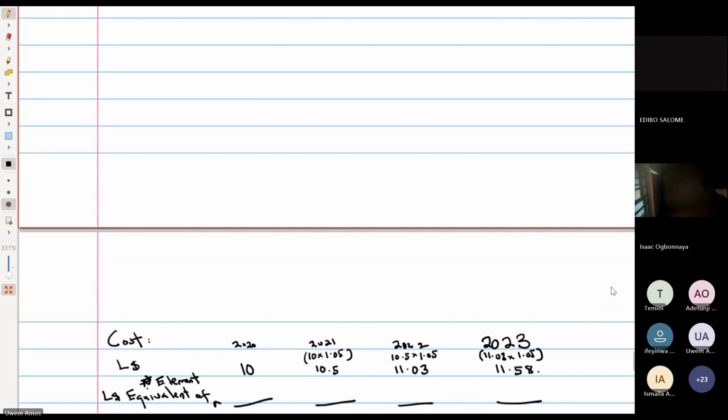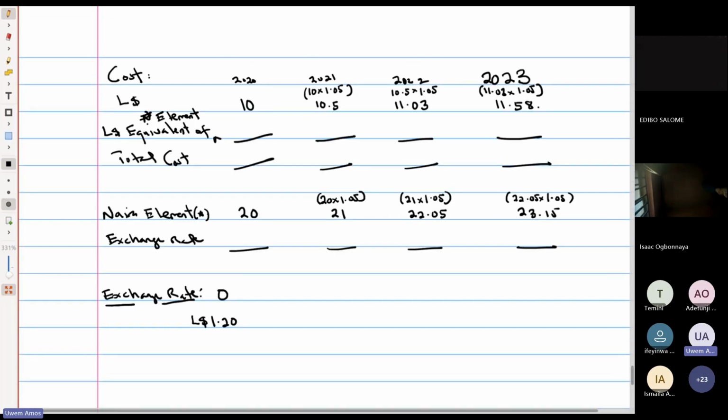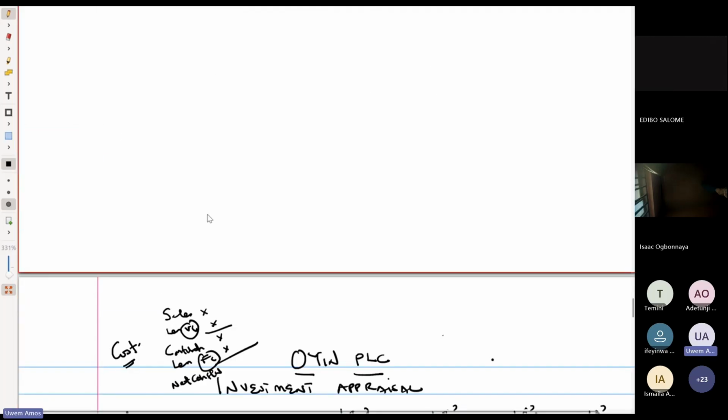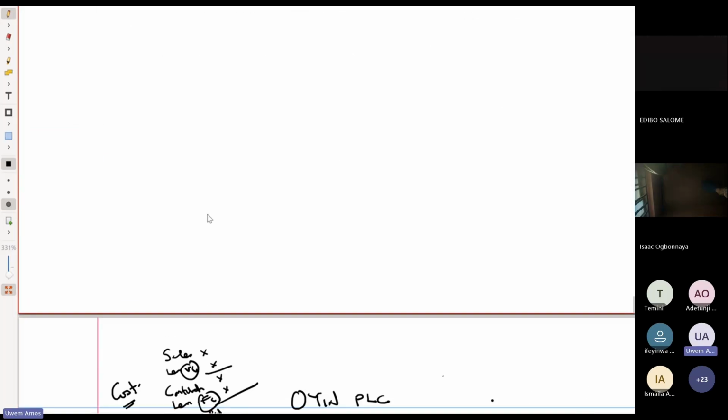All right, sir. So we have our exchange rate on January 1, which is at the beginning of the year, 1.20. The question says that Naira is strengthening against the Lindarian dollar by 2% per year.